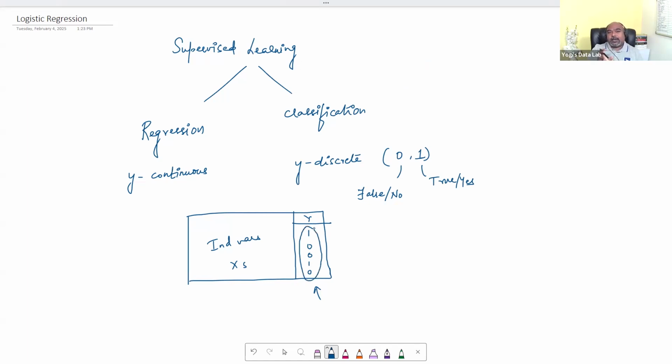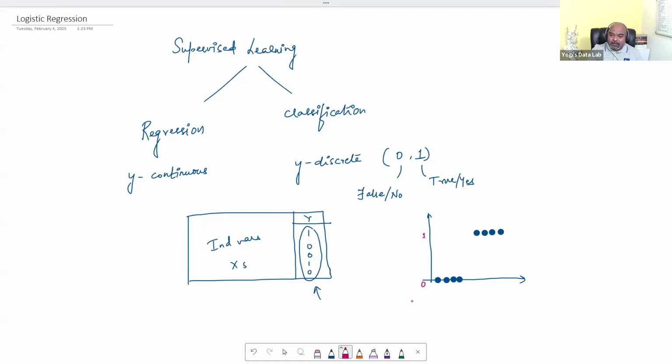Now let us try to understand how it is differentiating. If I have to predict ones and zeros, let us say that this is my y-axis and this is my x-axis. I'll have certain values where I have zeros, and certain values which are at 1, which means that this is your 0 and on the y-axis this is 1.